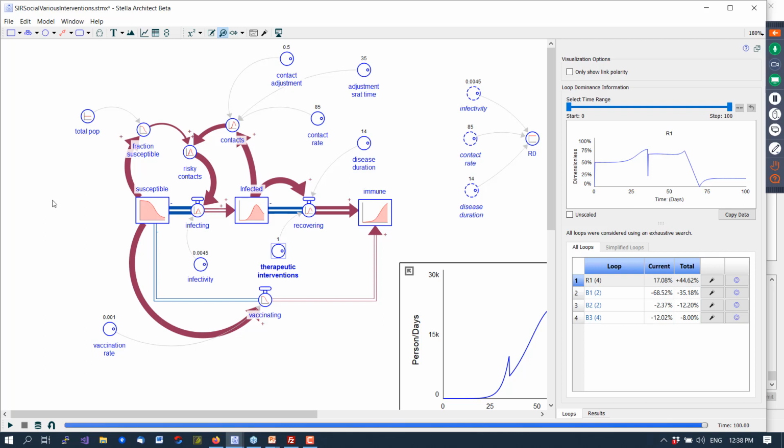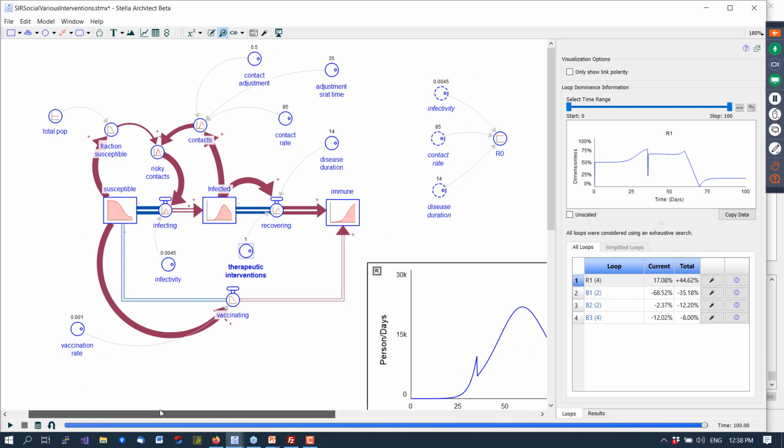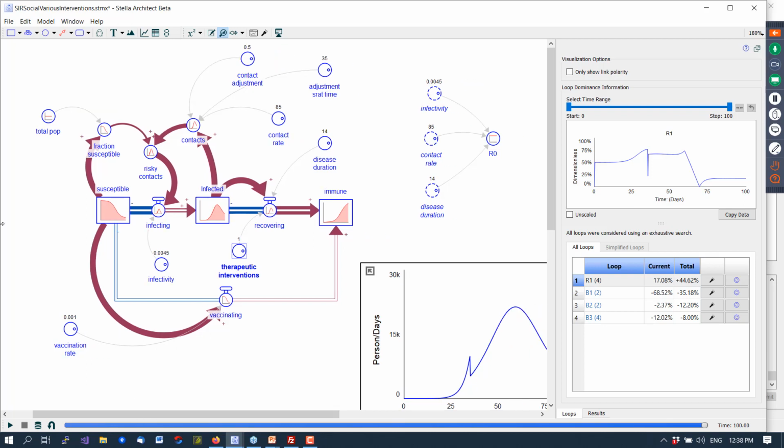Okay, one last question for now. Someone wants to know if you could re-explain the distinction between R1 and R0. So R0, which is all anyone ever talks about, is the rate of reproduction: how many people an infected person will infect on average if the entire population is susceptible.